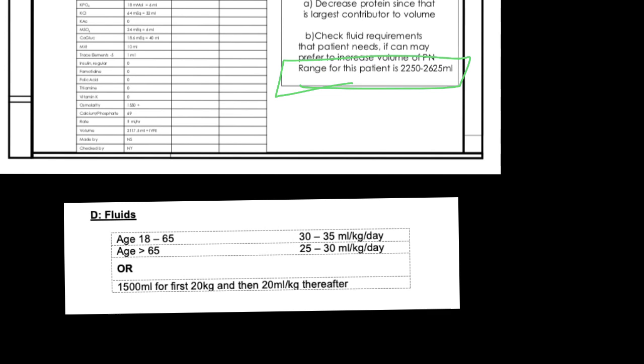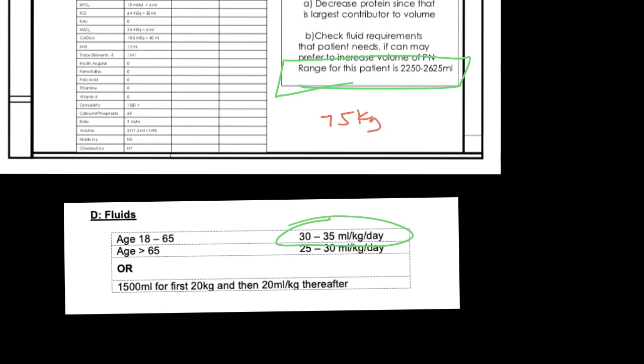Let's see. So you know that for age 18 to 65, this patient's 50, I think, you want to give 30 to 35 milliliters per kg per day. Remember our patient AB is 75 kilograms.